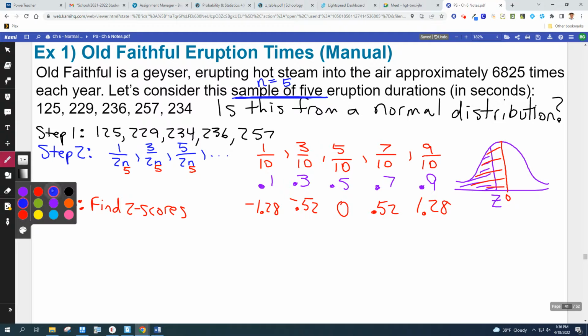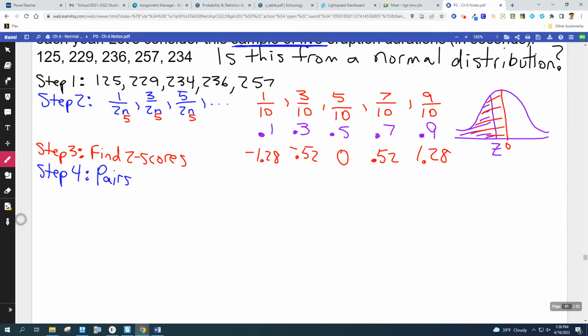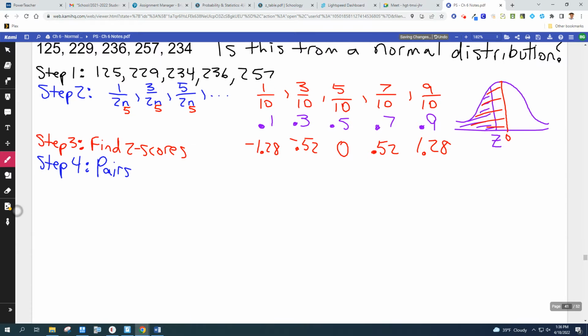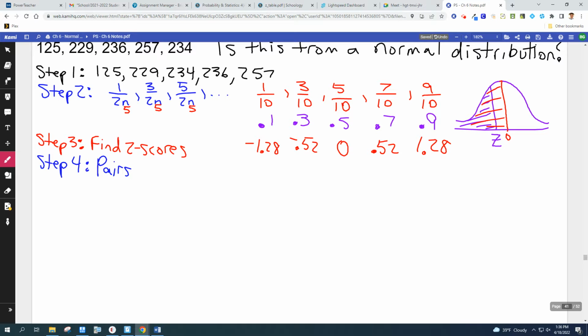Step 4, just find the pairs. Pair up those numbers. Your first data point was 125, and that's going to go with a z-score of negative 1.28.